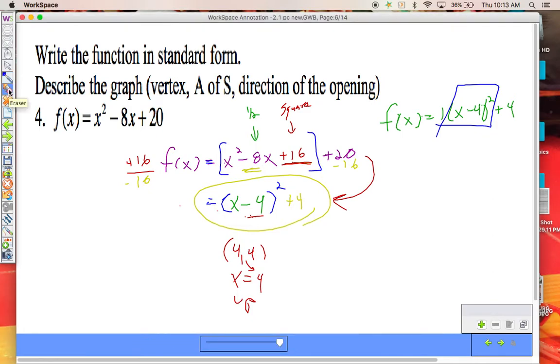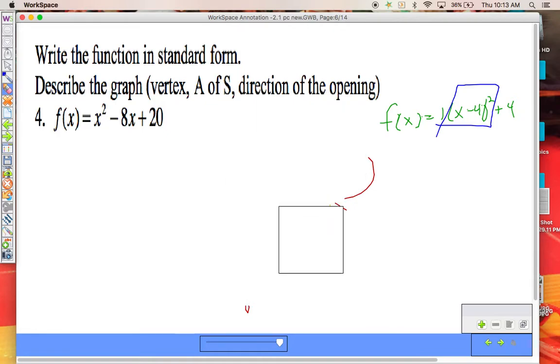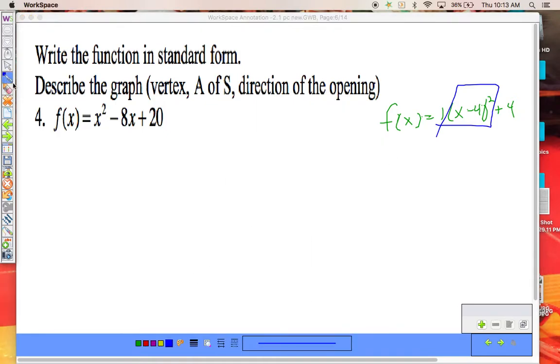And I'll erase this just so we can do it better and do it together. All right. What I'm going to do is complete the square. I'm going to write x squared minus 8x. I'm going to leave a space and put plus 20. And I'm going to separate these from the 20.